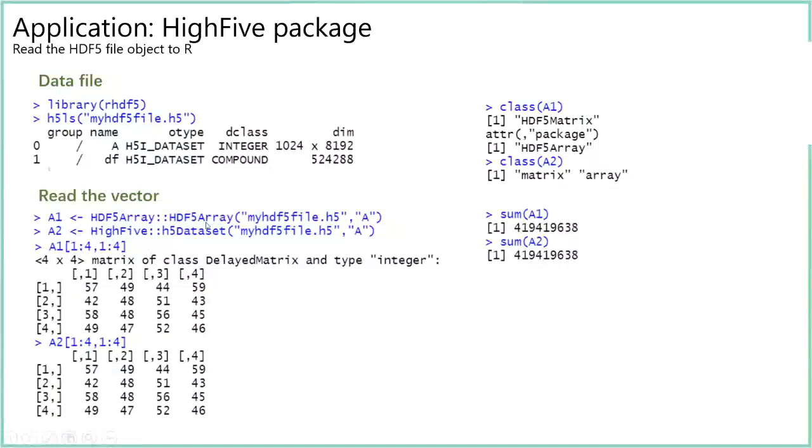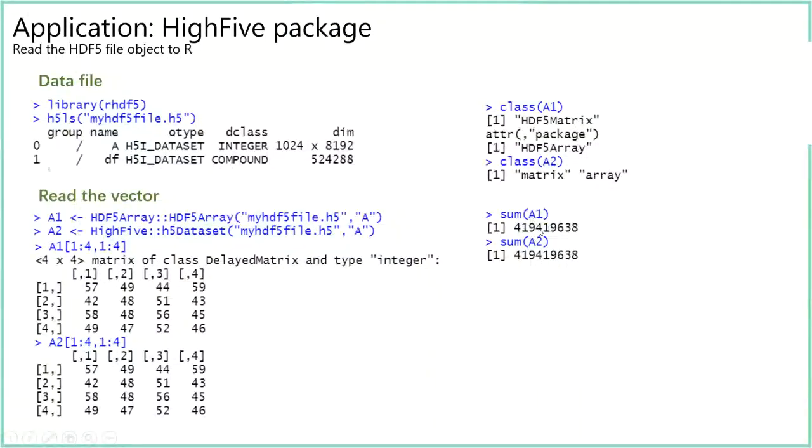But even though it looks the same, the sum function for A1 is an S4 generic, and its definition is in the HDF5 array package, which implements the sum function so that the HDF5 matrix works like a regular matrix.